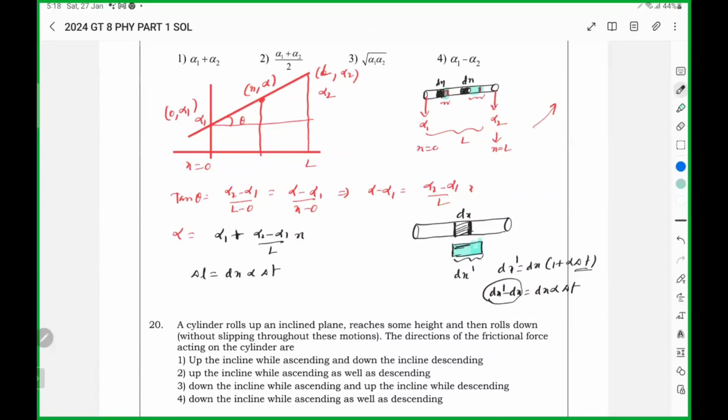So this is only the change in the small strip. Throughout the rod, how it changes, that means integral dl from 0 to L. So 0 to L, alpha here is alpha 1 plus alpha 2 minus alpha 1 by L into x. So it is right.